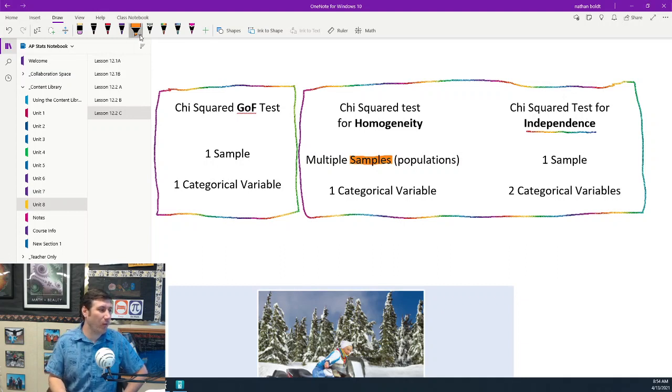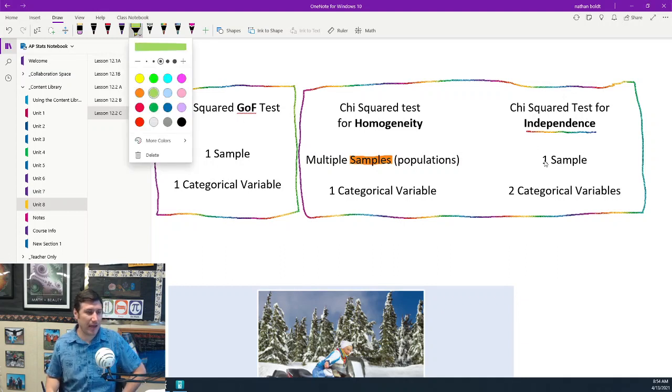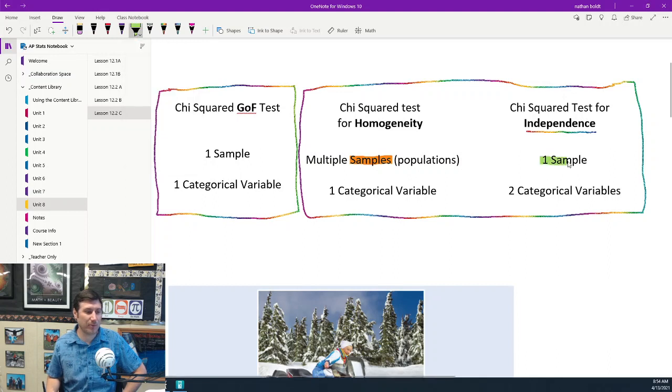But if you take one sample instead, and you take a look at two variables within that sample, and you compare those two categories, that is a test for independence. You're taking a look at two categorical variables, two traits within one group of people. That then is a test for independence. You're testing, is there an association between these two traits? And so our wording is a little bit different.